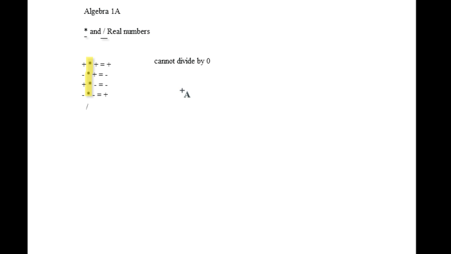That's an impossibility. It's undefined, and you just can't do it. As long as you pay attention to that rule with division, you should be fine. If you divide by any other number that's positive or negative, you're good. But if you divide by 0, that's bad. If you divide into 0, that is a good thing.